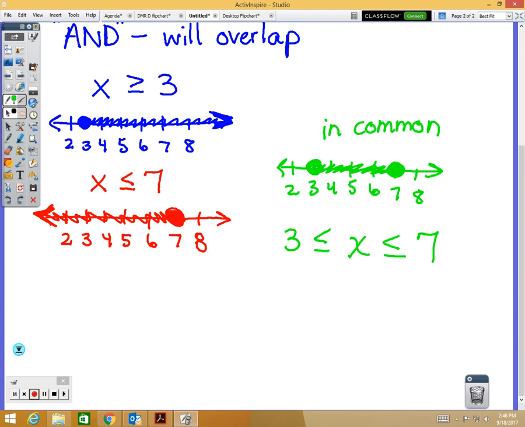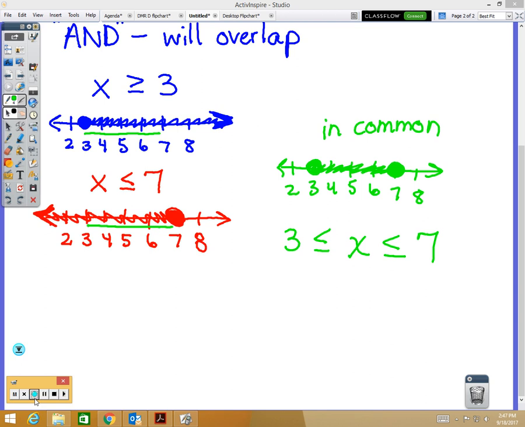And that's how we would write this. Or we could say that x is between 3 and 7 inclusive. Pretty fancy.